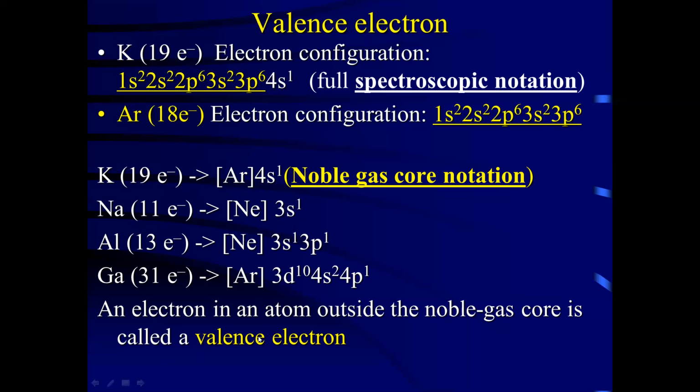So electrons in atoms outside of the noble gas core, we call valence electrons. Like these electrons: this is the noble gas core, and these electrons we call valence electrons. These valence electrons are primarily involved in chemical reactions, because elements tend to form the noble gas core configuration.